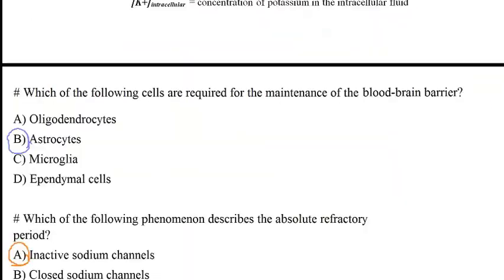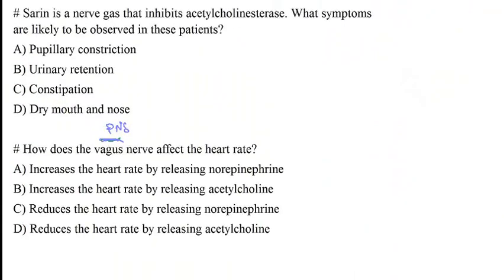Let's see which of the answer choices describes a parasympathetic nervous system response. Pupillary constriction, that would be correct. Then we have urinary retention, which is a feature of the sympathetic nervous system. So is constipation. If you recall, the parasympathetic nervous system activates the detrusor muscle to initiate urination, and it also causes peristalsis of the GI tract to enhance digestion.